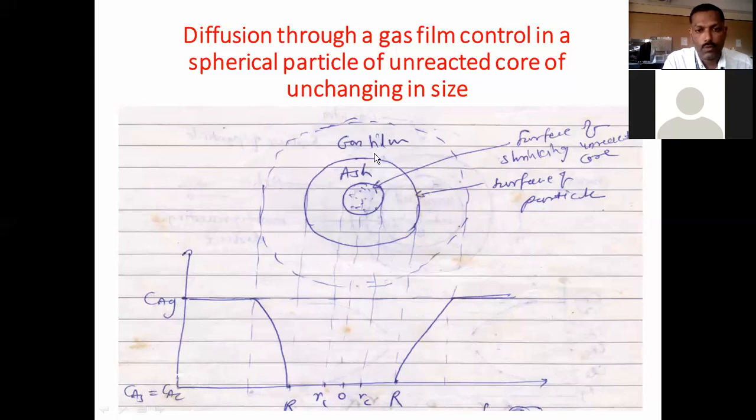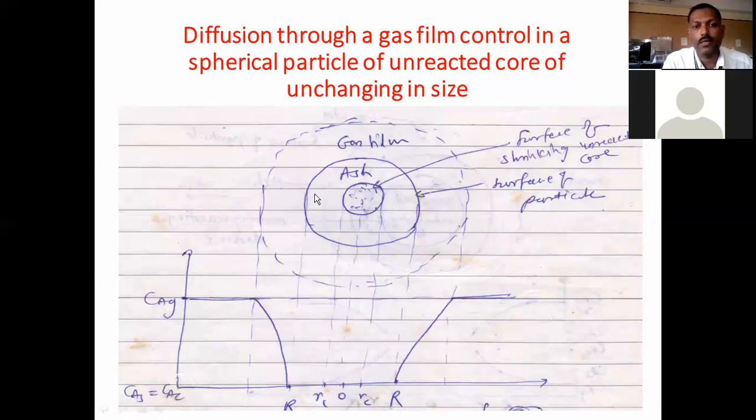In this section we see the solid. This is the initial particle, and capital R is the initial outer radius of the spherical particle.